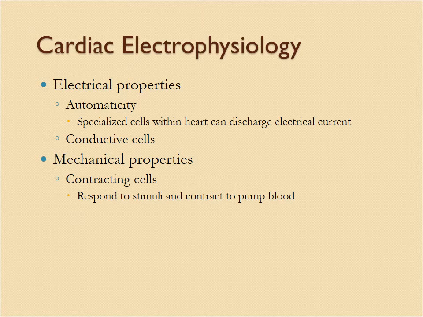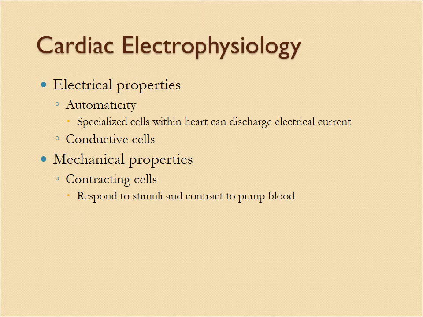But we also need mechanical or contracting cells. These cells respond to electrical stimulation. They contract to pump the blood, and this is where we get the mechanical beating or the contraction of the heart. And so a person will have both a heart rate and a blood pressure.